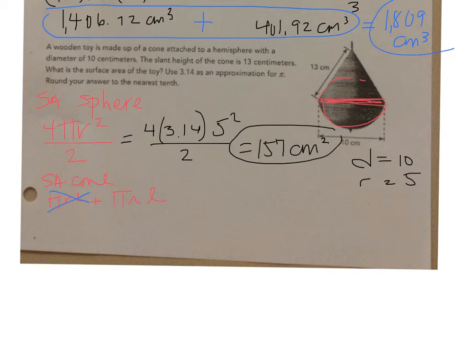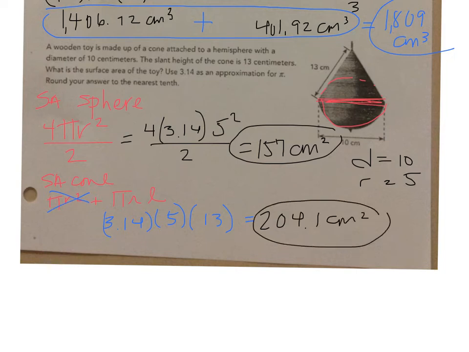So you're just going to do pi r l. So pi is 3.14. Your radius again is 5. And your slant height is 13. Okay, so 3.14 times 5 times 13. You get 204.1 centimeters squared.